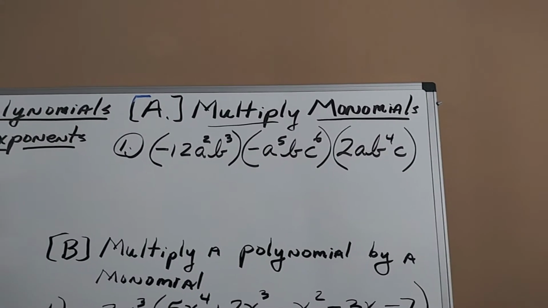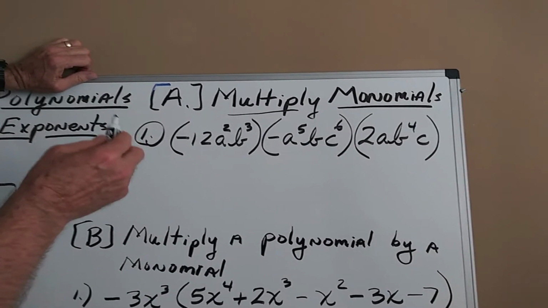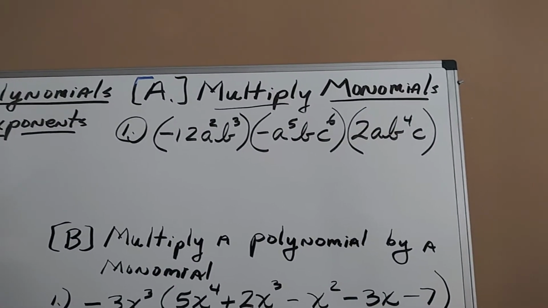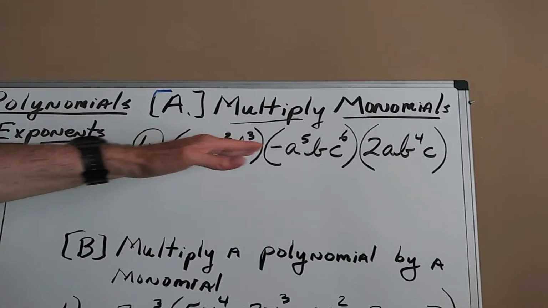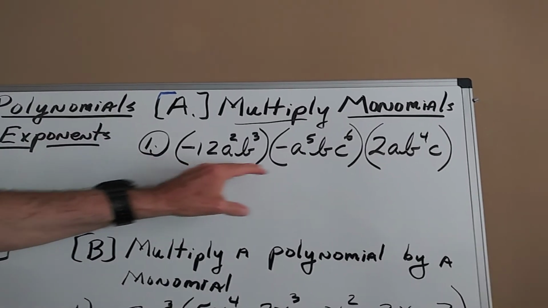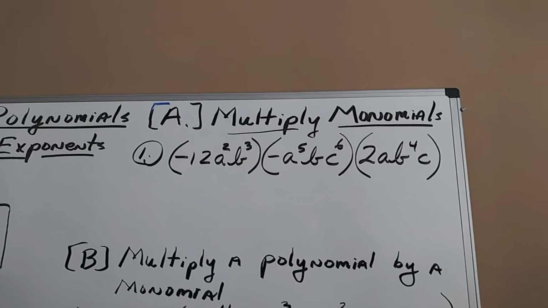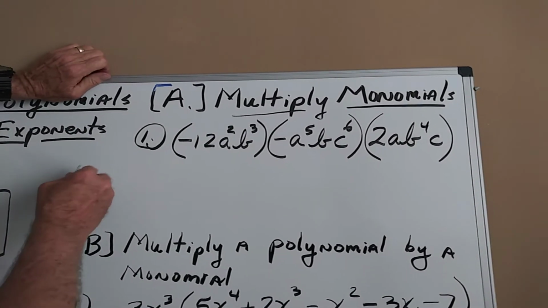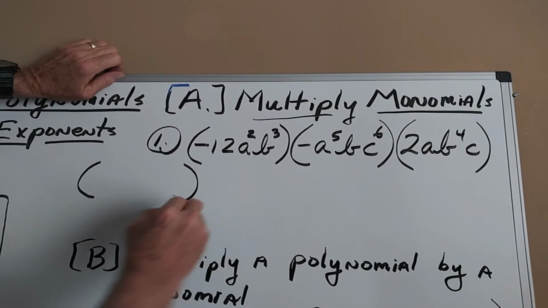I think a wiser decision to make would be this. We're going to use the commutative property of multiplication, and we're going to change the order of some things up here in these three monomial factors. And we're also going to form some brand new groupings. It's called the associative property. And here's what we're going to share.